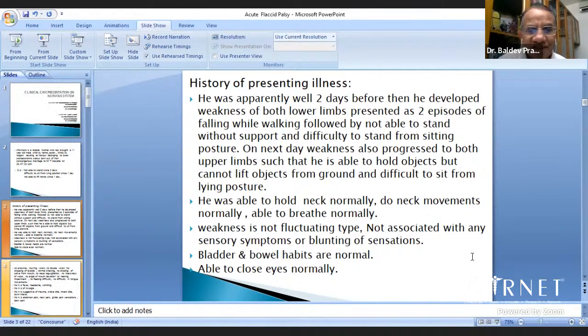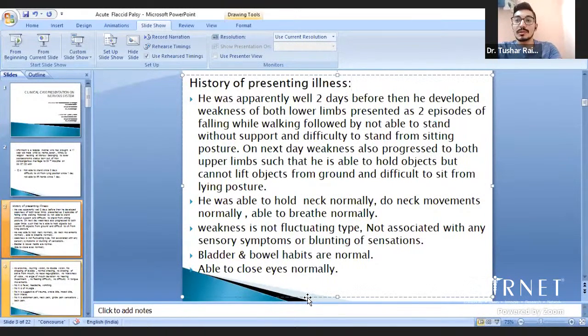Then he has mentioned the progress: he developed weakness, and therefore there were 2 episodes of falling while walking, then not able to even stand without support, and then difficulty in standing. So gradually, Tushar, how will you take it? What does it indicate?